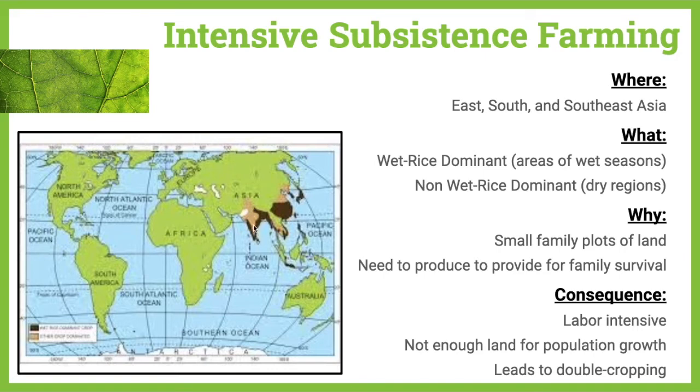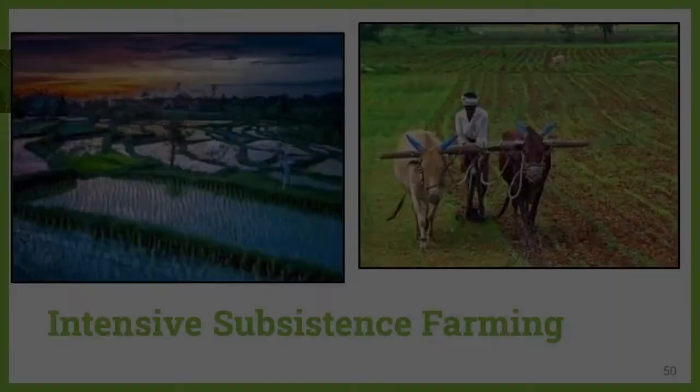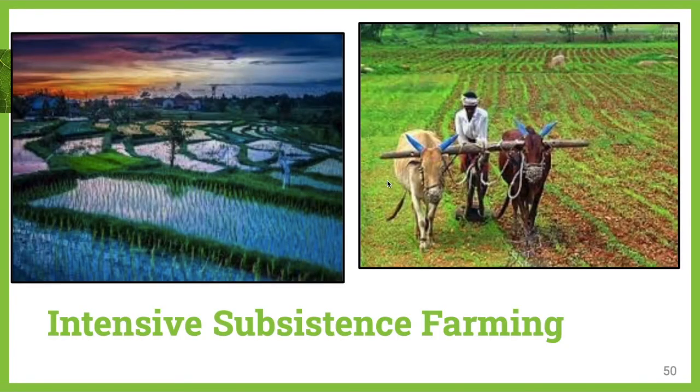And you're actually going to see an article about India tomorrow and what's going on there currently with some laws that have been changing that subsistence farmers, who are in many cases doing intensive subsistence farming, are very upset about. There are some protests currently happening in India as a result of these new laws about farming. So you're going to see a little bit more about that tomorrow. So that's intensive subsistence farming, and those are the subsistence farming examples.